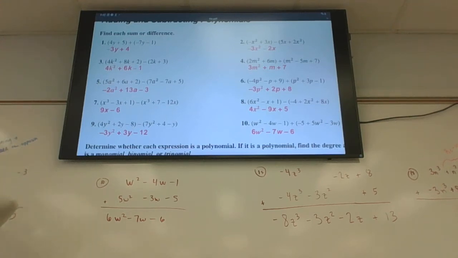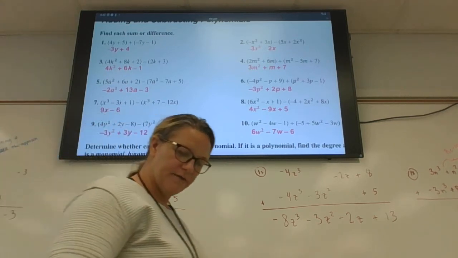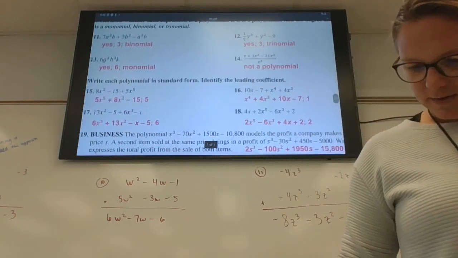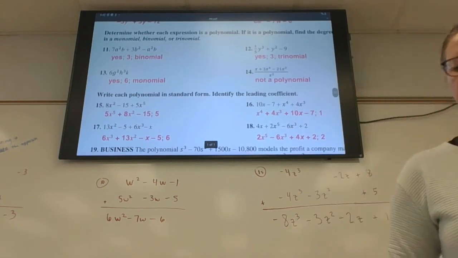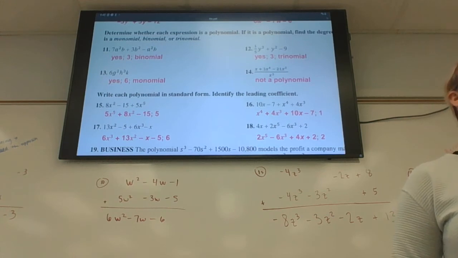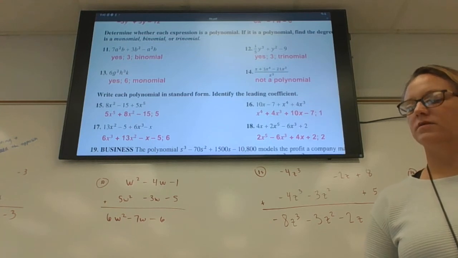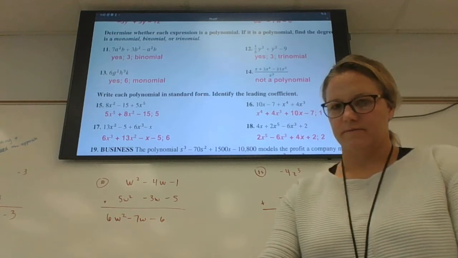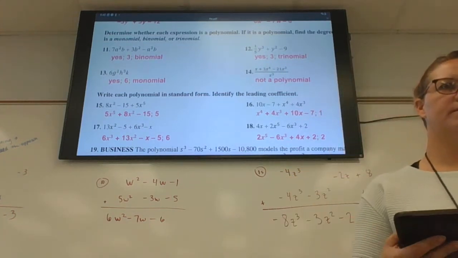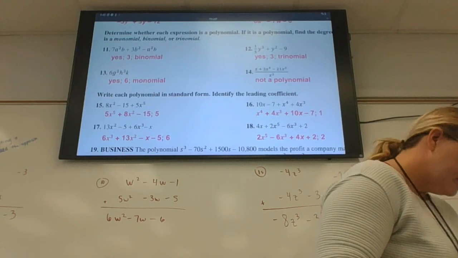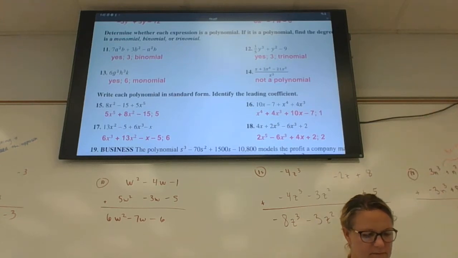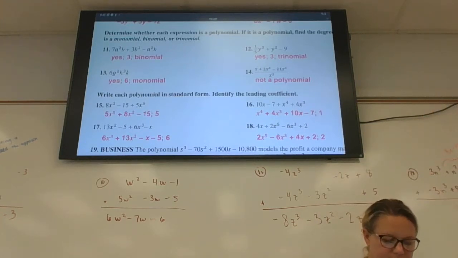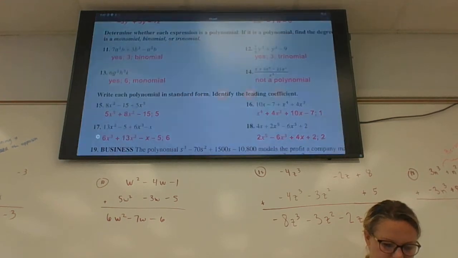Who's got a question? Alright, let's look at the bottom half of the answers. Go ahead and check these. Alright. Number 14. Why is 14 a no, not a polynomial? 14 is a no. Why is it a binomial for 12?